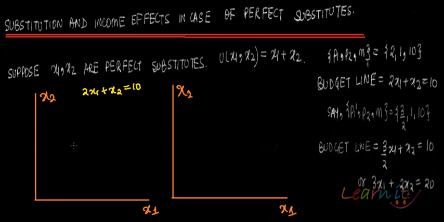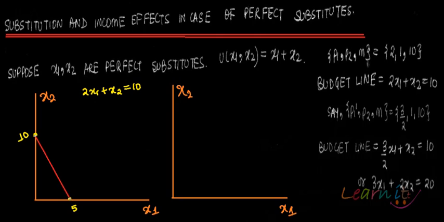So x1 is 0, x2 is 10, this point here. And if x2 is 0, x1 is 5. Let me just connect these two points like this. So this is your budget line.